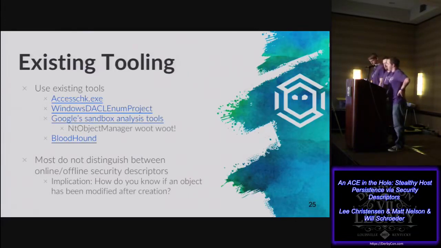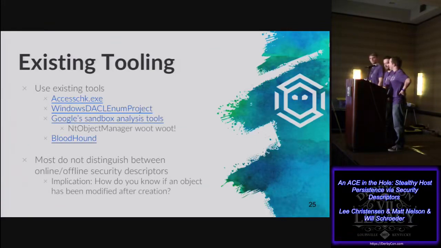So what are some of the existing tools for this? There's AccessChk from Sysinternals, which most people are probably aware of. There's also a really interesting project from NCC Group, I believe it was, called the Windows DACL project. Google's sandbox analysis tools by James Forshaw. There's a really great cmdlet in there called NtObjectManager, and I absolutely love that.